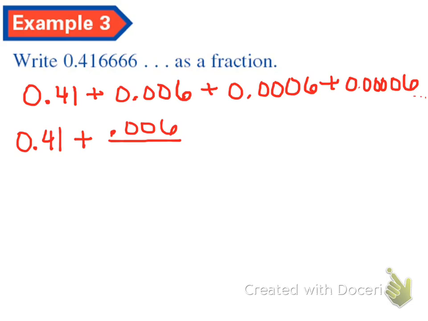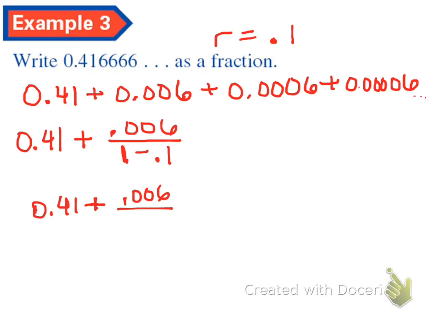Now, there was only one digit that was repeating. Since there was only one digit that was repeating, the rate here would be 0.1. So here would be 1 minus the 0.1. Okay. And so we would end up with 0.41 plus 0.006 over 0.9.